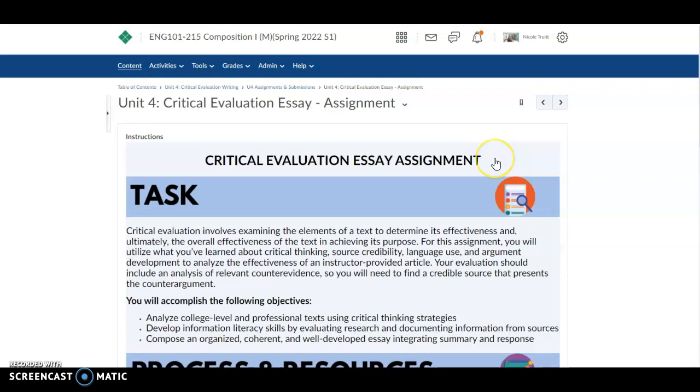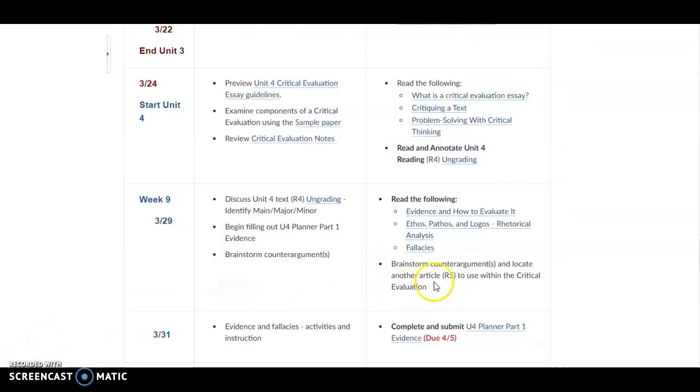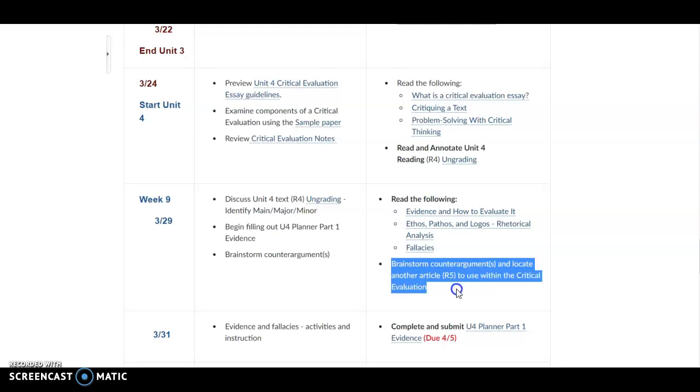You're also going to be asked to find R5. If we look at that on the course schedule, whatever your course schedule might look like, it may look different from this one, but it's going to tell you that you need to brainstorm counter arguments and then locate another article to use within the critical evaluation.